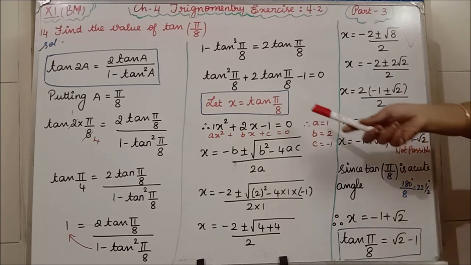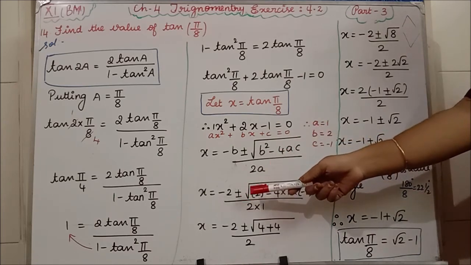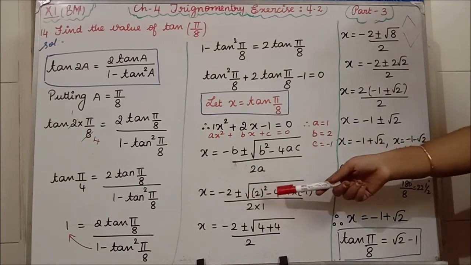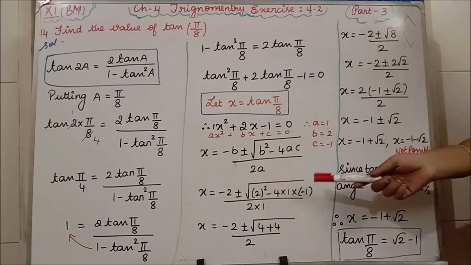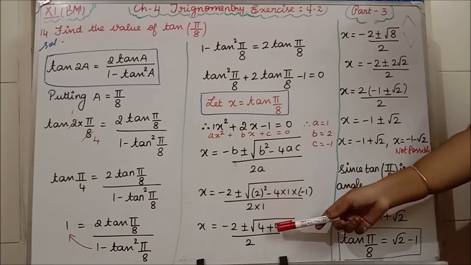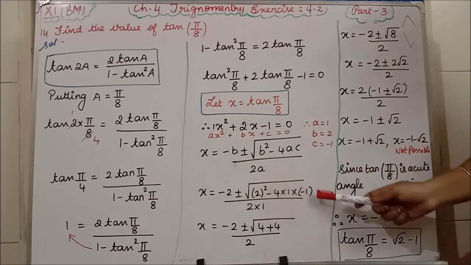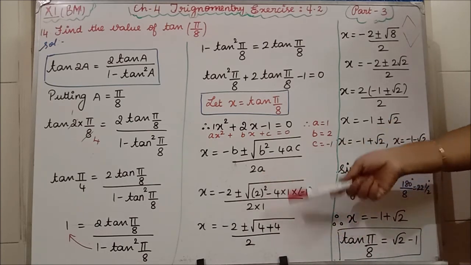Clear? Now, b is what we are having? 2. So, minus 2 plus or minus square root of 2 square minus 4 into a is 1 into c is minus 1. 2 square is 4. Here minus 1, minus times minus becomes plus, so 4 into 1 is 4. So plus 4 we have got, divided by 2.